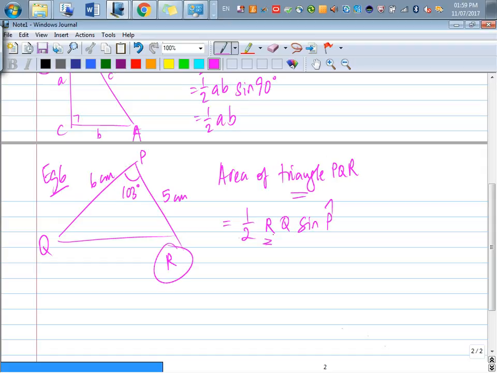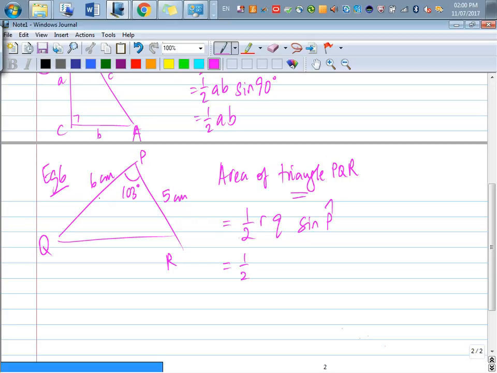So I cannot write RQ over here. Okay, how about this? Small r represents the side QP, and then small q represents the side PR. Okay, yes, it is okay. Then we have the angle P in between the two sides. So this is alright.